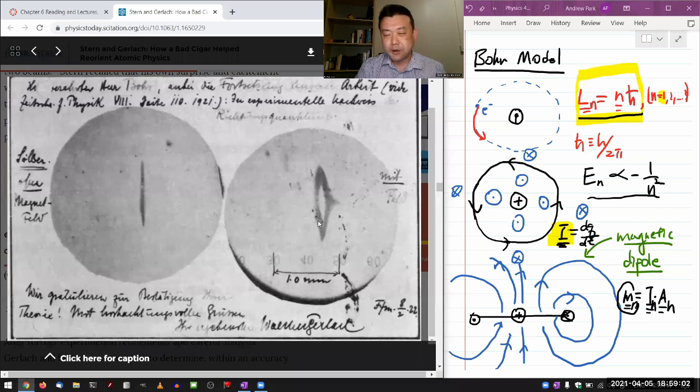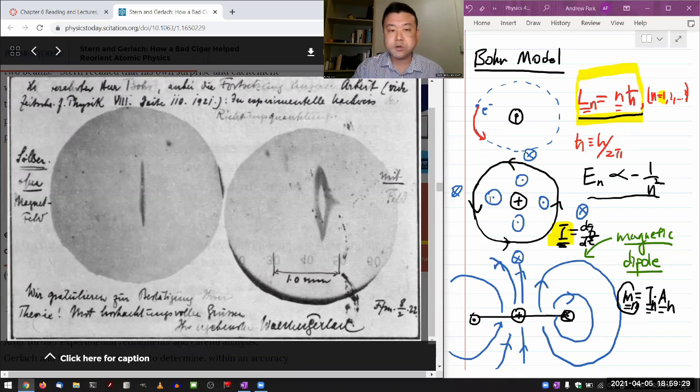I think if you think about it a little bit, or read through the actual story, then I hope you will notice a bit of discrepancy between how your textbook treats the Stern-Gerlach experiment and how this description and comparison of Bohr's model, how they don't quite match up.